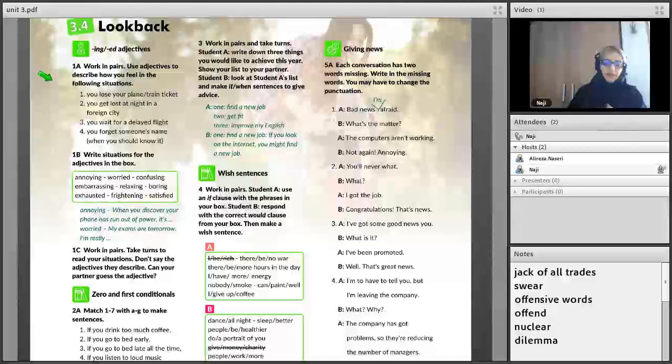For example, for number one, I can say if I lose my train or plane ticket, I will feel frustrated. Number two, if I get lost at night in a foreign city, I will really be frightened.